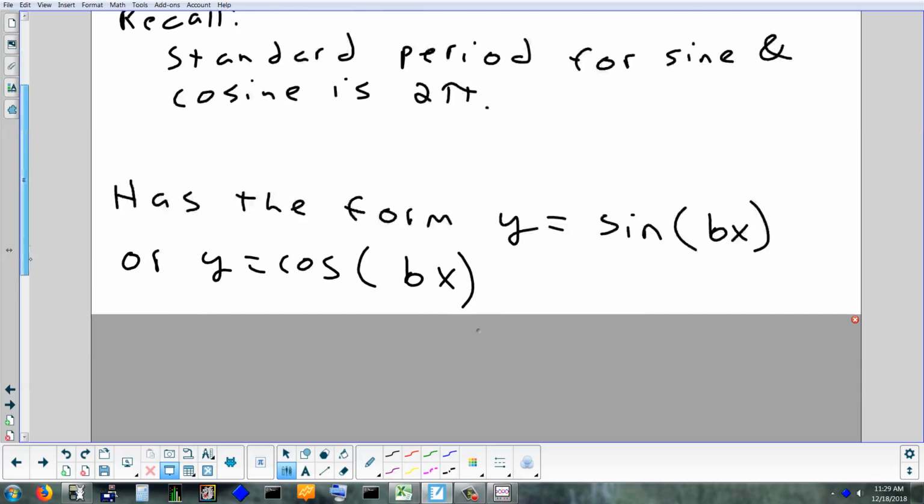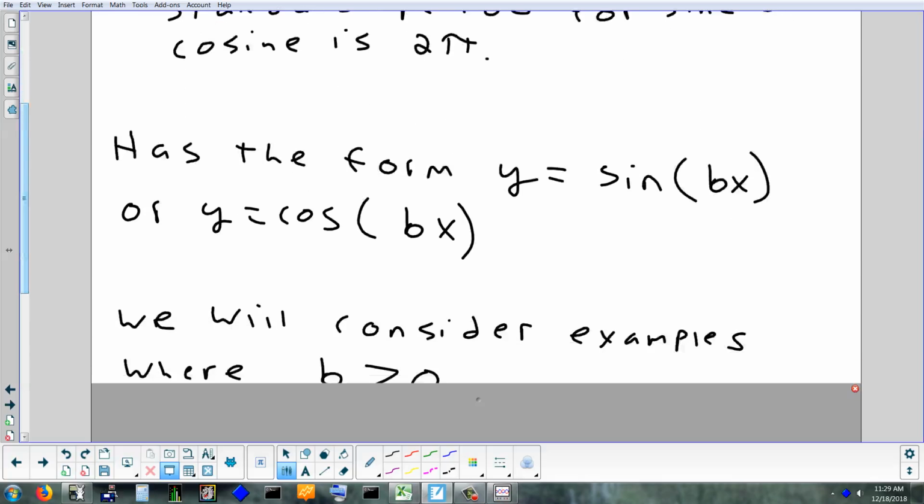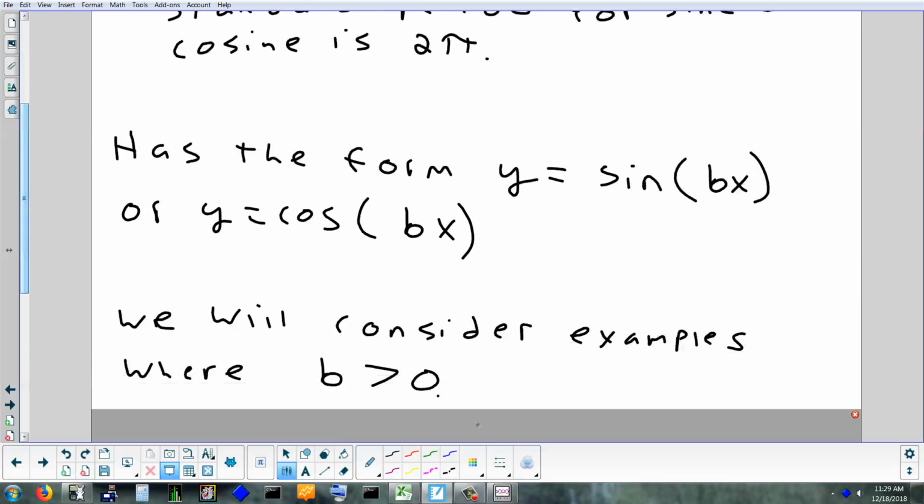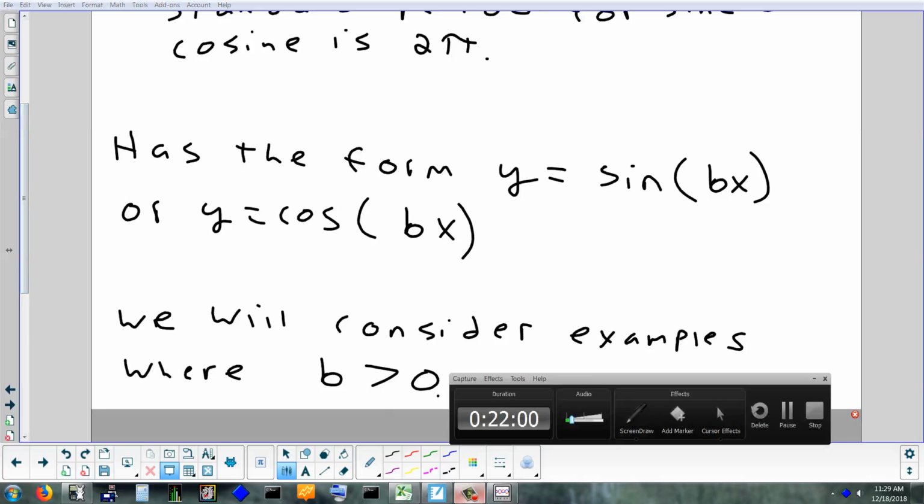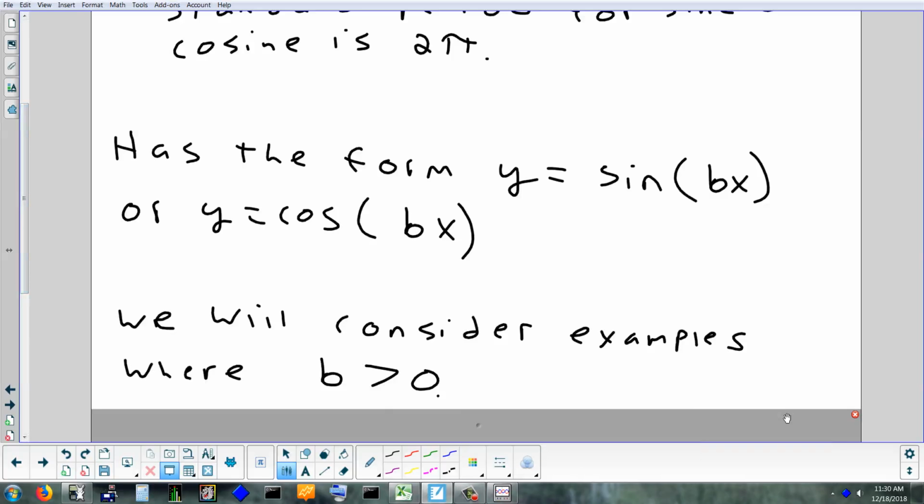All right. So for our examples, we're only going to be looking at when b is greater than 0. Now, technically, it could be less than 0. And if it's negative, that would be a flip. It just would be a horizontal flip instead of a vertical flip. So again, in all our examples, b is going to be a positive number.